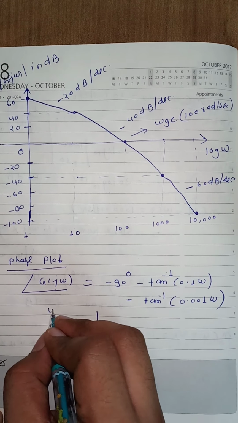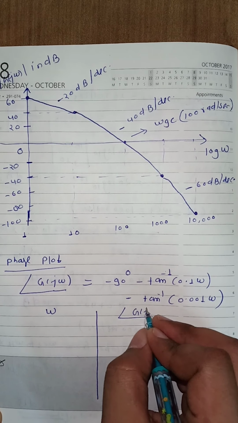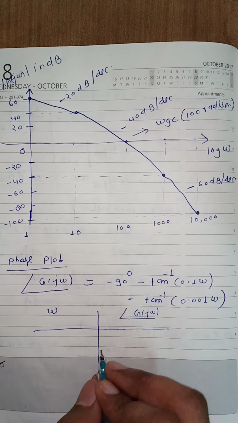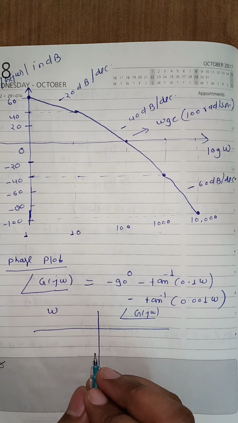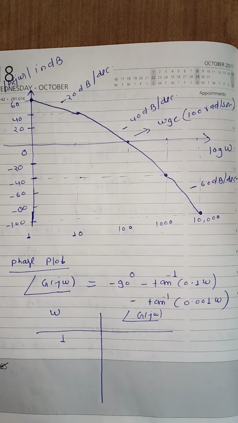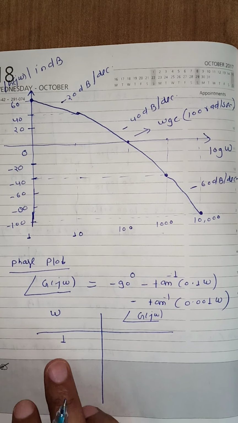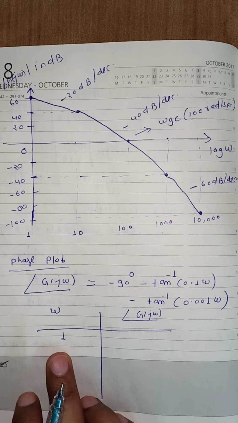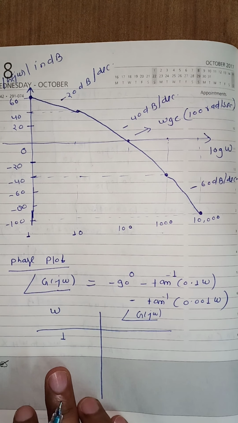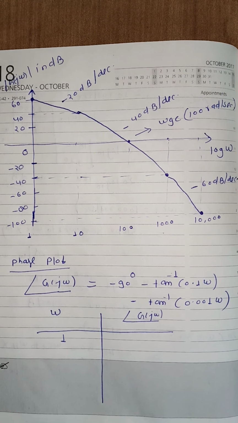First we will define omega, then we will define angle of G(j omega). First consider value, suppose 1. You can consider any value, but make sure you must have the lowest frequency, a corner frequency, first corner frequency, second corner frequency, highest frequency.